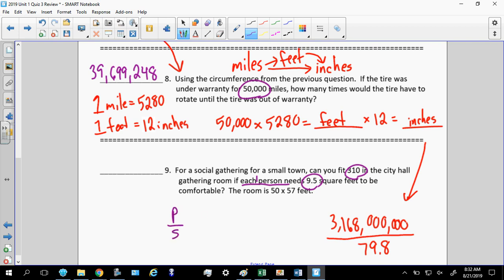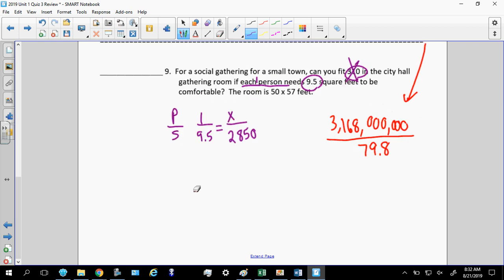This 310 you're not dealing with right now. 1 over 9.5 is equal to x over 50 times 57. Let's see. 50 times 57 gives you 2,850. Cross multiply.